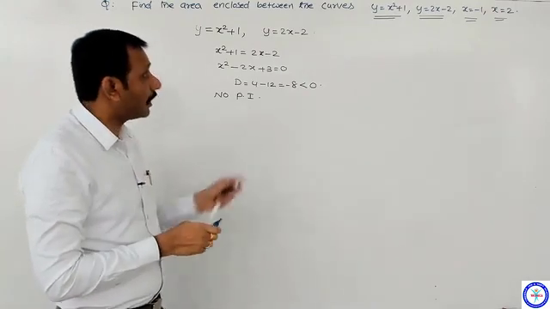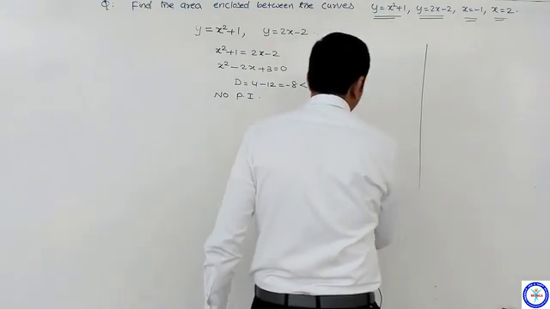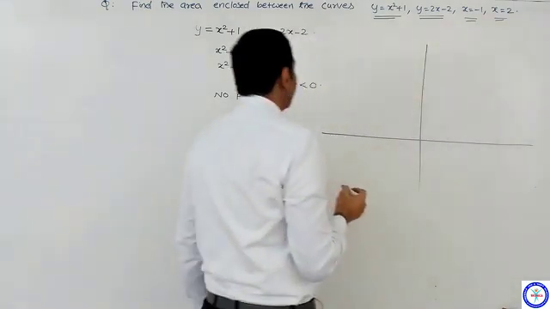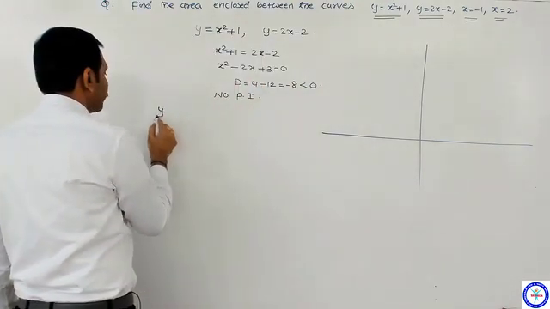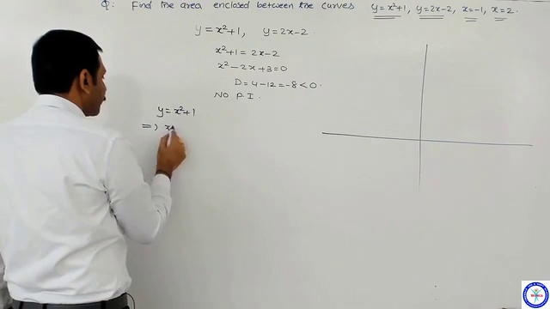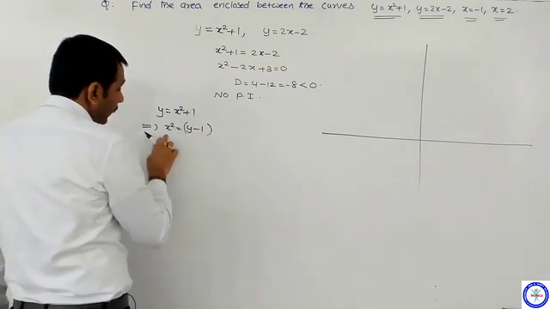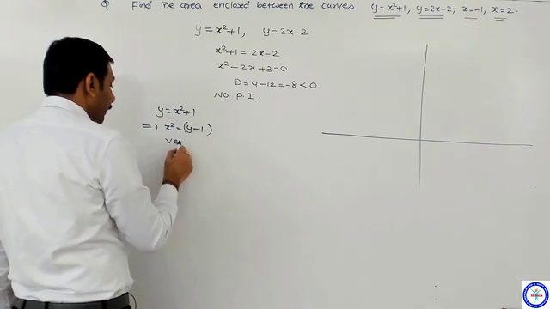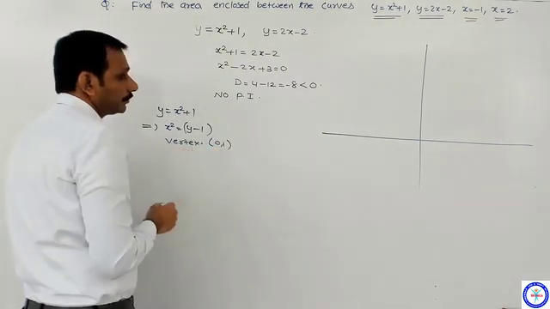Okay, let us draw these two curves. What is the first one you see? y equal to x square plus 1, or I can write x square equal to y minus 1. It is a parabola with vertex at 0, 1.